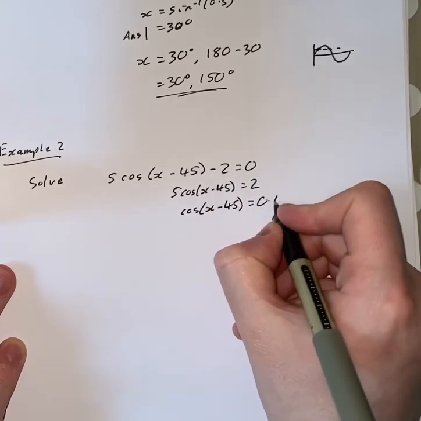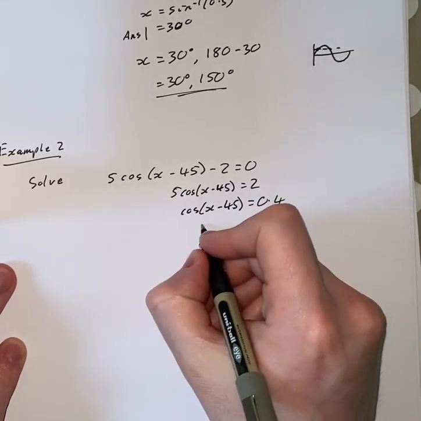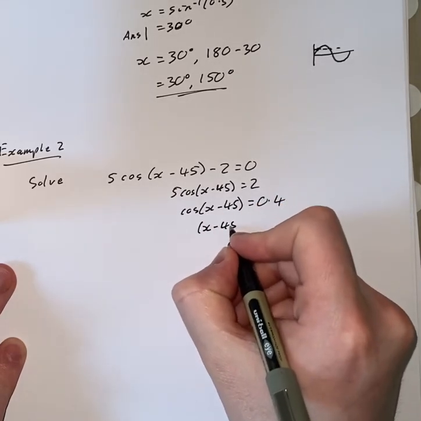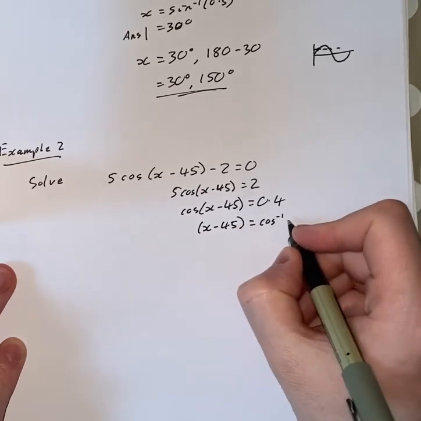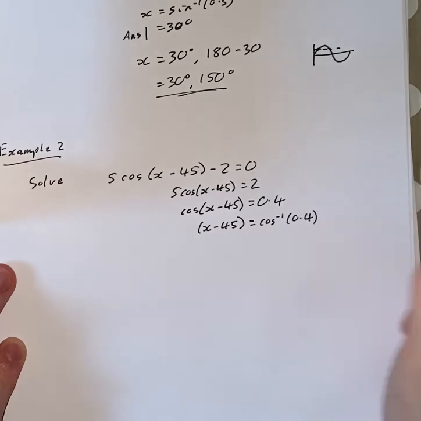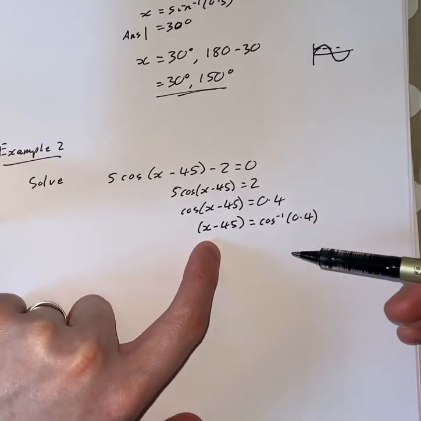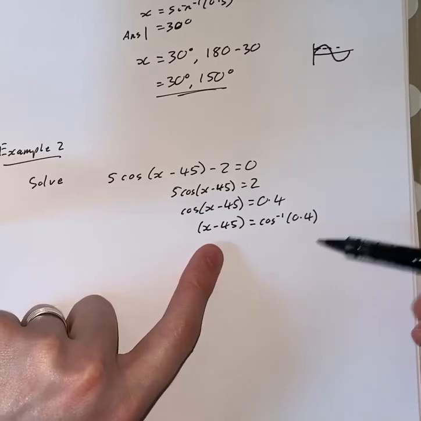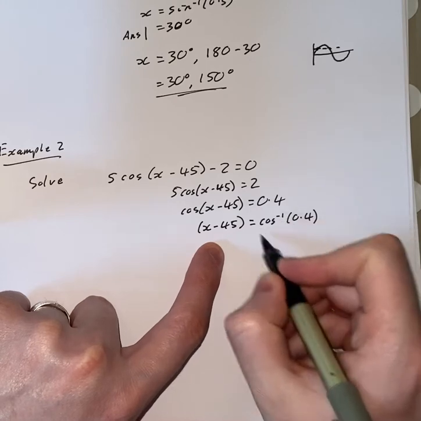So cos equals 0.4. Now, what we need to look at is x minus 45 equals the inverse cos of 0.4. Because we've still got this minus 45 to do, that needs to wait. This whole process of finding the second answer is part of this inverse that we're doing here.